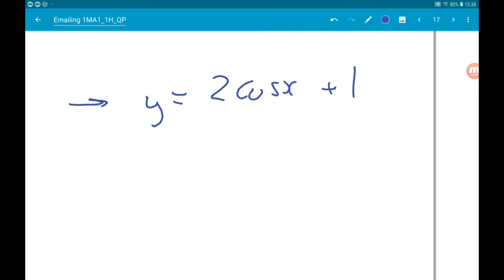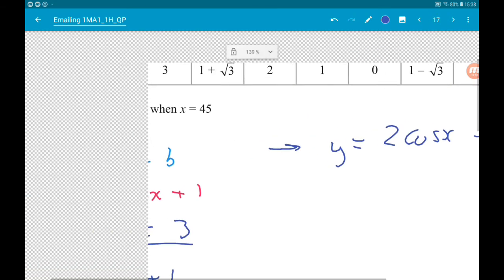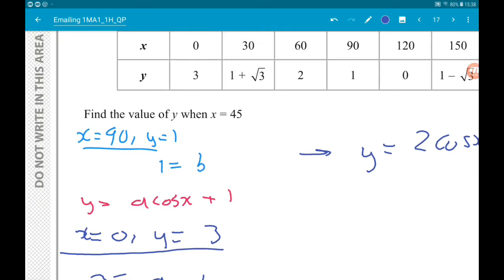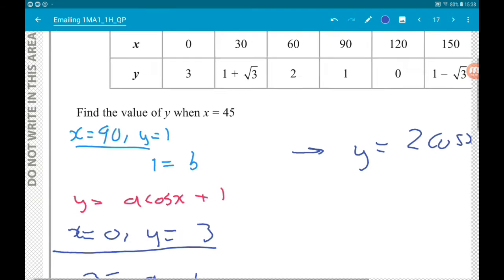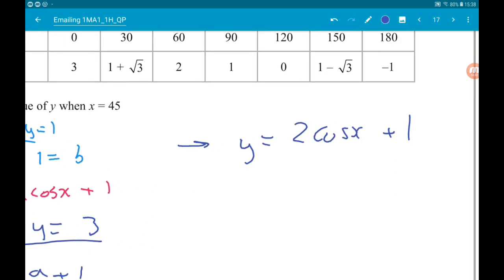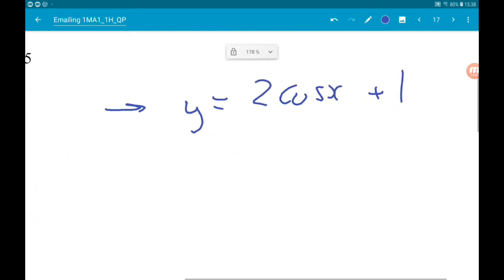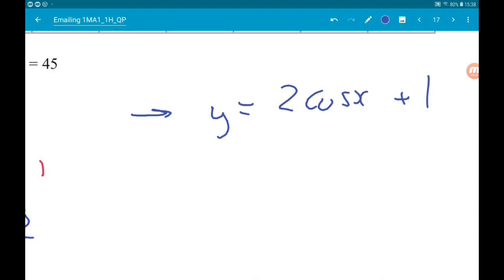Okay, so we now need to find the value of y when x is 45. Now, the exact trig value for cos of 45 is root 2 over 2. Again, if you don't know how to work those out, check out the video.